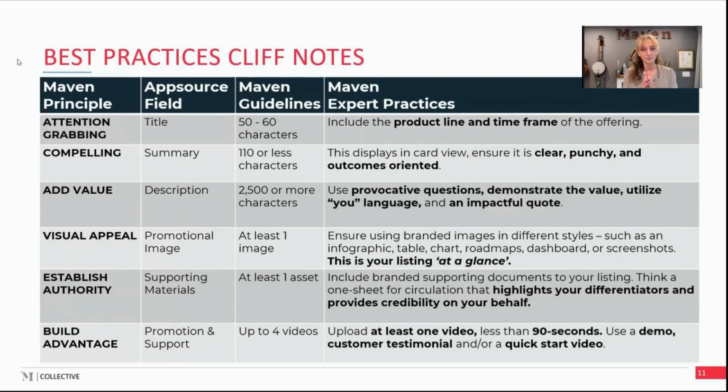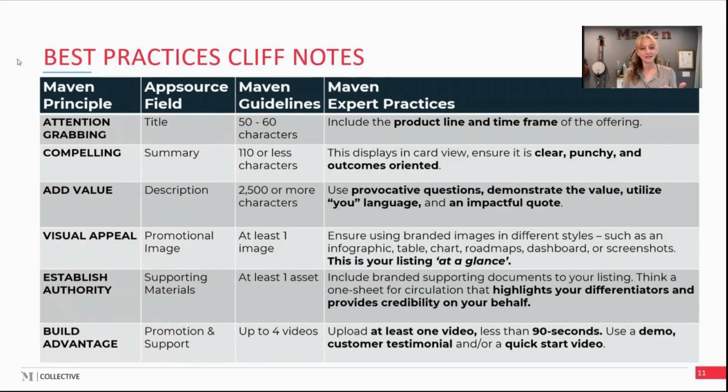So make sure you pay attention to that and go back and look at your card view after you've put that content in. I know it sounds like a no-brainer. It is a no-brainer, but we often don't do it. We just put it in, it accepted it, okay, whatever, it is great. But if you look at the card view and you can't actually read what you put in there, it gets truncated, then you're not communicating what you wanted to communicate, right?